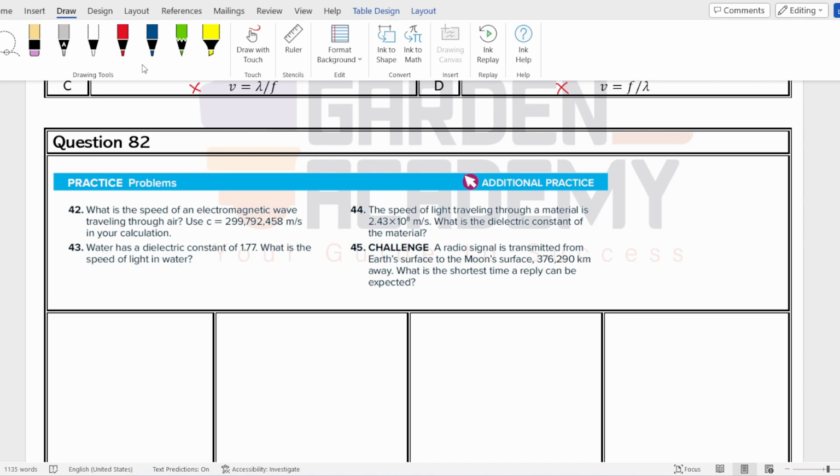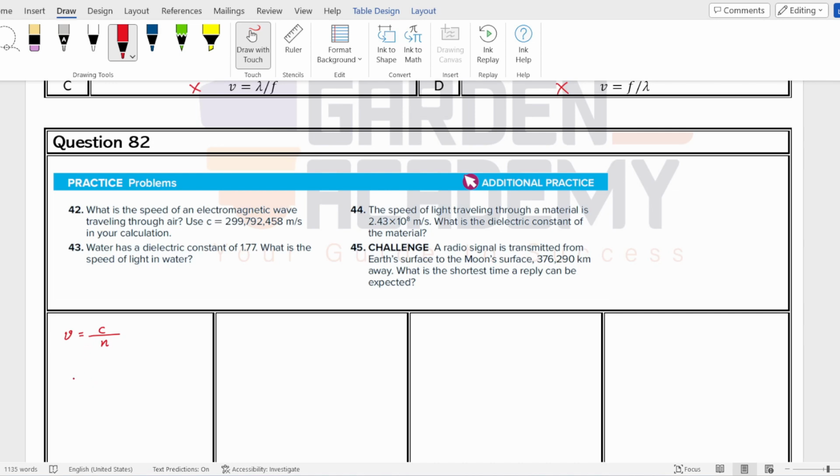So we have to use this number for C. Again, if we want to find the speed, we can use V equals C over N, which is the index of refraction. Why? Because the index of refraction of air is around 1.00027. And of course, you don't have to memorize that. It will be given in the exam, so don't worry about it.